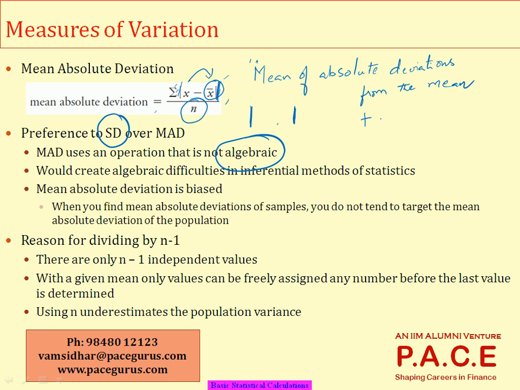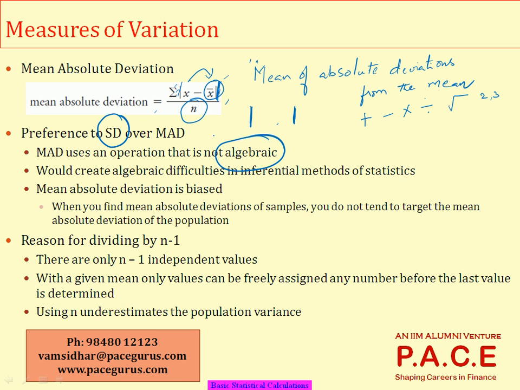Typically, addition, subtraction, multiplication, division, square root, square, cube, and powers are the ones that become algebraic notation, but absolute value is not algebraic. Because of that, in future, when we have to make conclusions based on these calculations, it becomes very difficult. This becomes a limitation for making conclusions, which we will discuss at a later point in time.